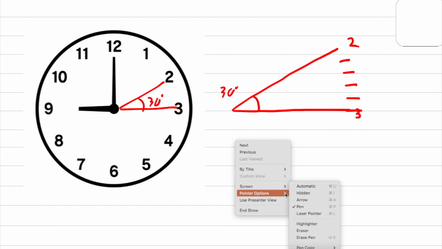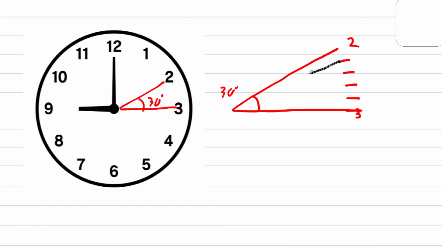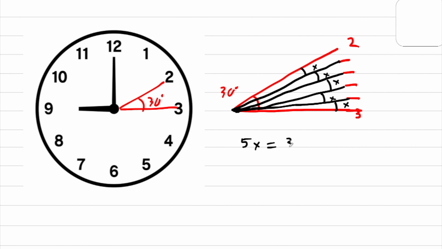I connect each mark to the center, the same thing for this one, and the last one here. I get 5 angles: 1, 2, 3, 4, and 5. They are equal to each other. Here is 1 minute, here is 1 minute, this one, this one, and this one. 5 minutes will be equal to 30 degrees. So 1 minute will be 30 degrees divided by 5. That's why you get 6 degrees for each minute.